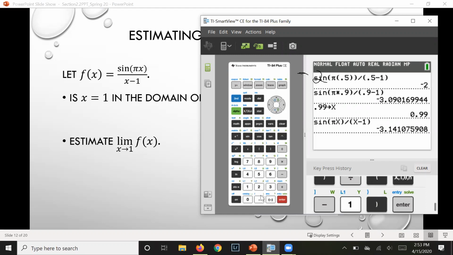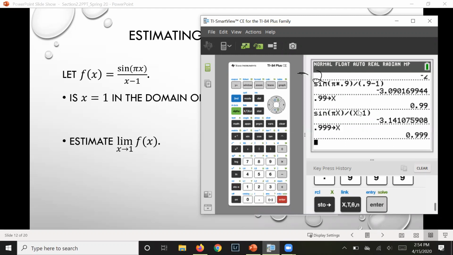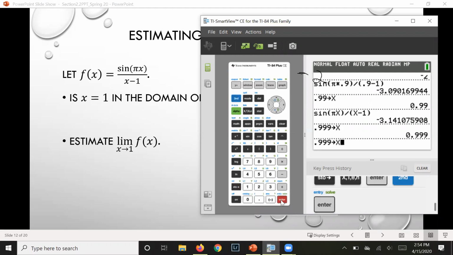Then when I go to do the next value, which is 0.999, I can store that as X. Now, rather than have to plug in this whole formula again, if I press second enter, and then press second enter again, the calculator goes back to other things I've typed in before.